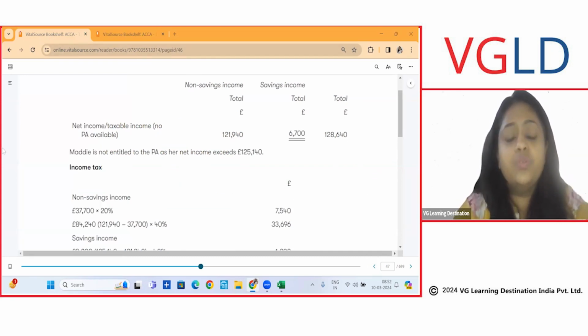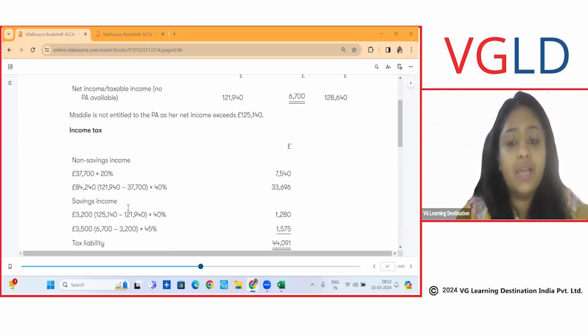So there is no starting nil rate band available as well as no savings income nil rate band available for this category taxpayer. So straight away 128,640, since he's an additional rate category taxpayer, none of the nil rate bands are available. Now straight away 6,700 will be put to tax. But we have to see if there is any higher rate band available.